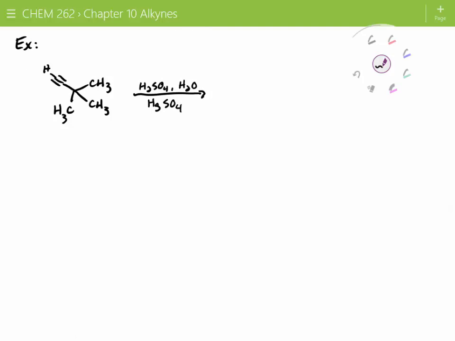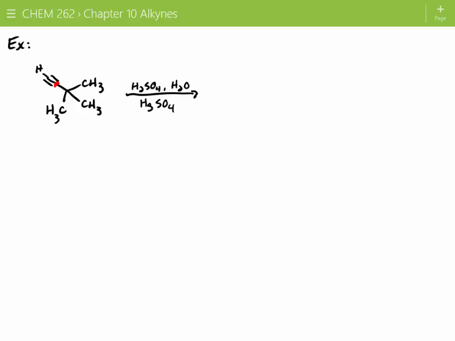So let's first try to identify the Markovnikov side. We know we're going to add an alcohol to that red carbon. So let's draw the enol that we get. If we draw our enol, we're going to end up adding a hydrogen there.